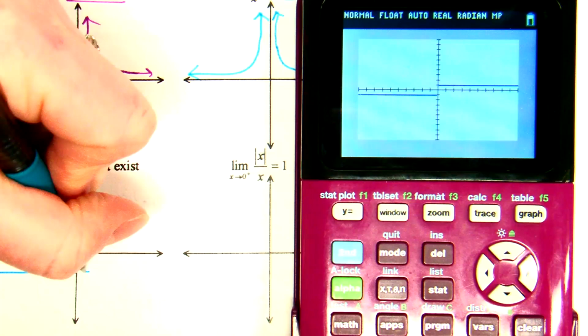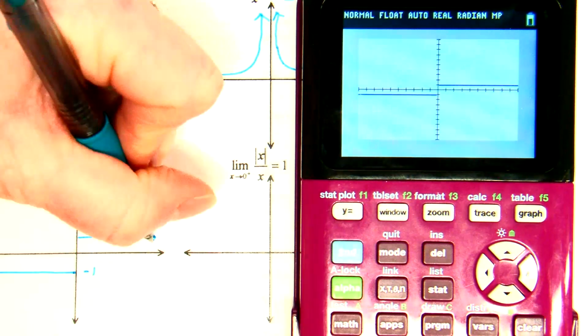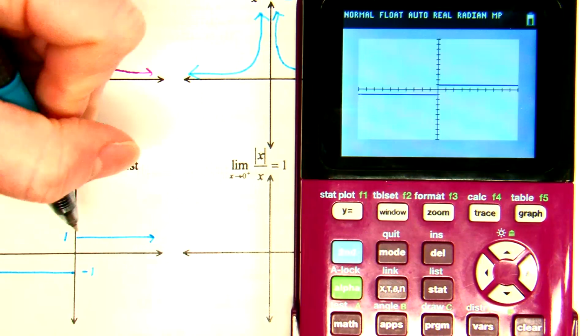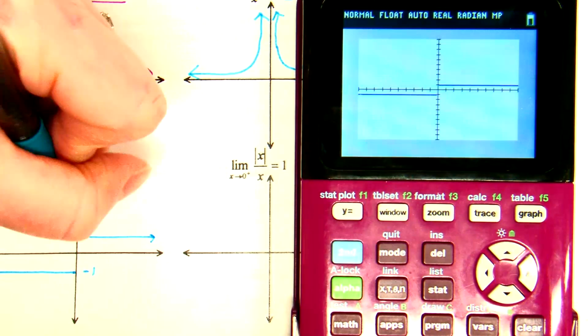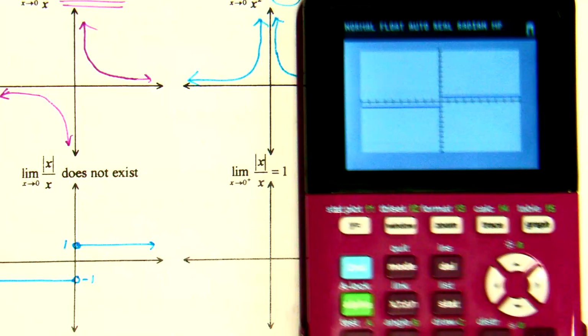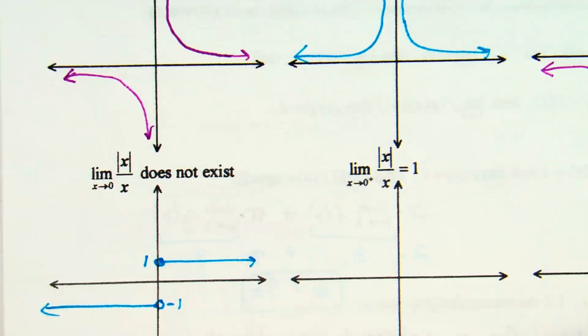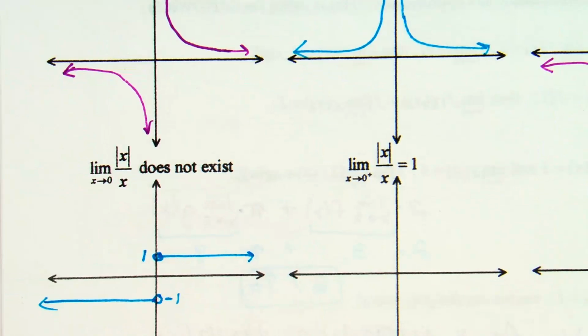So the left side of the straight line is running across that -1. The right side of the straight line is running across that +1. And now, can't really tell it here, but officially there would be holes on the y-axis because my denominator is x. X cannot equal 0, so I can't have values existing on the y-axis.